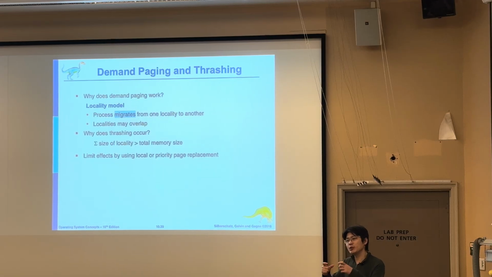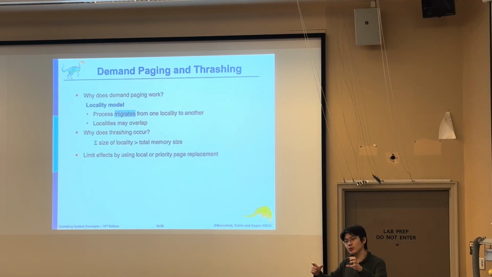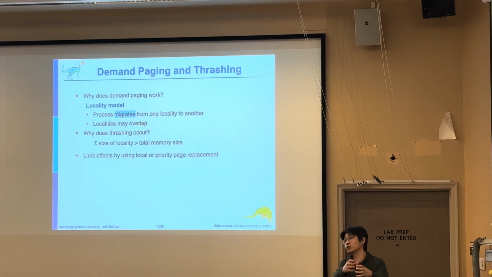GPUs have many cores, hundreds to thousands of cores, and a set of cores will share a piece of memory that's close to it. How do you place the data close to each GPU core and write a program so that most of the time it only accesses memory that's close to these cores? That's very important for the performance of your machine learning application.